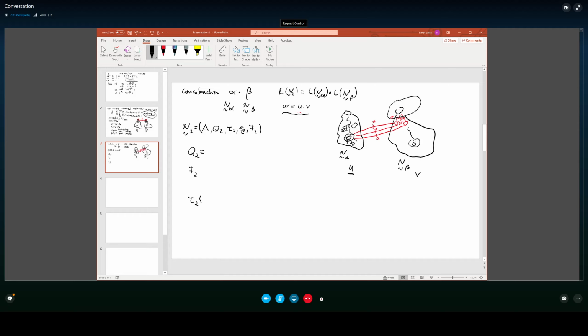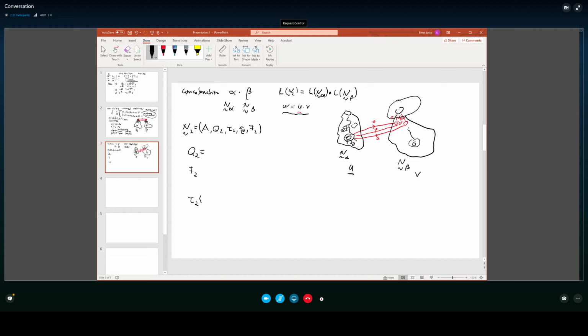We obviously go to some final state in the first automaton with U, and then we transition over to the second automaton with the first letter of V, and then we eventually have to end up in a final state in the second automaton.